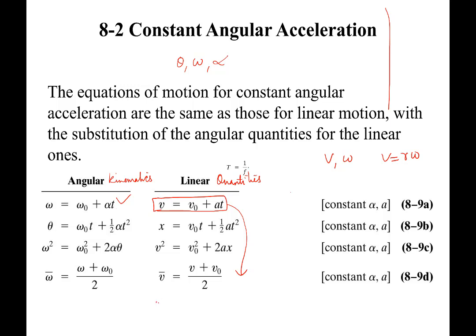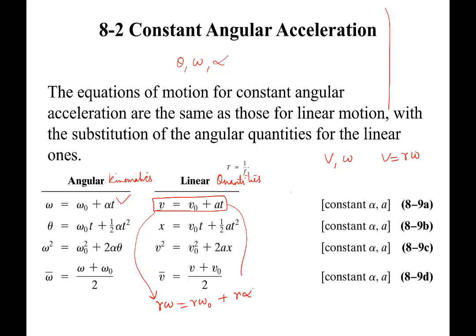So v is r omega, I'm substituting, plus, is equivalent to r times omega naught. R is not changing because r is the radius. And for a, we write r times alpha.